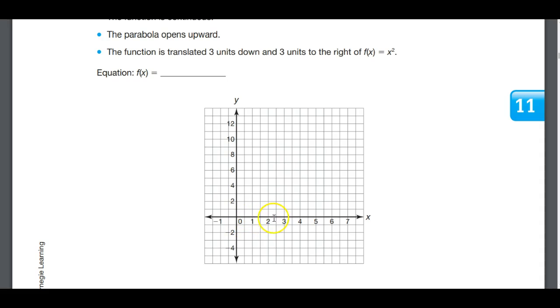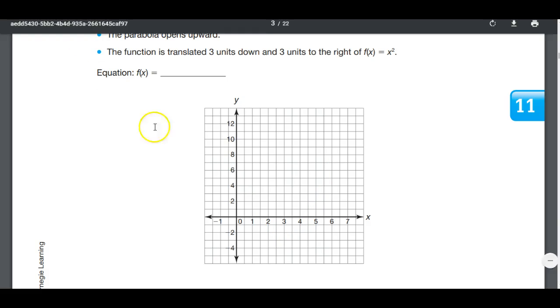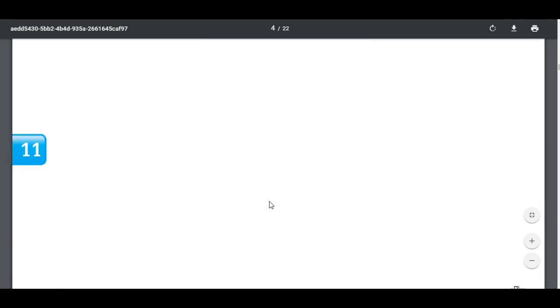So I got to go 1, 2, 3 units down. So that would be my vertex there, and it's opening upwards. So let's draw that. From 3, 3, opening upwards, it's going to look something like this. Okay, something like that. All right, let's keep moving here.